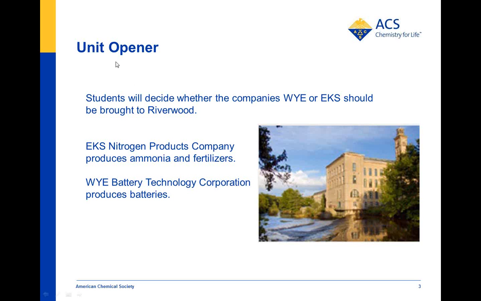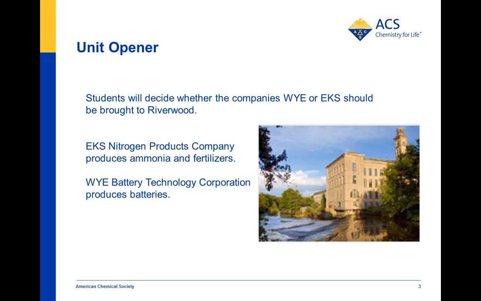The unit opener has students deciding whether they should have Company Y or Company X come to Riverwood. X is a nitrogen products company and Y is a battery technology company.